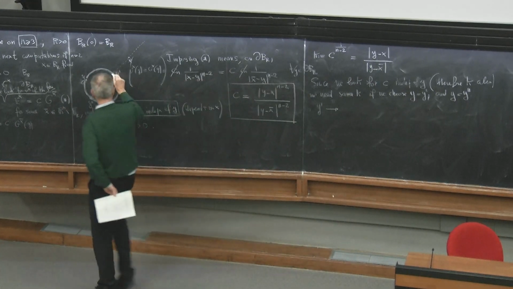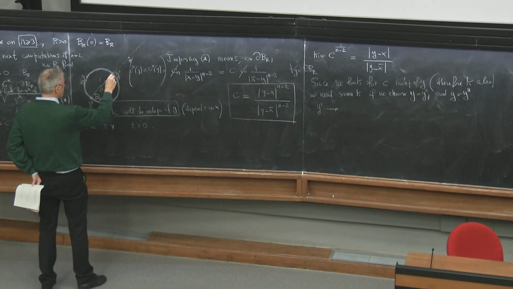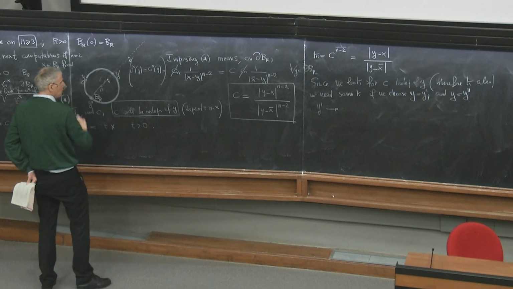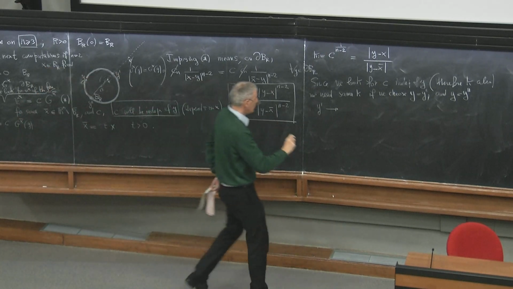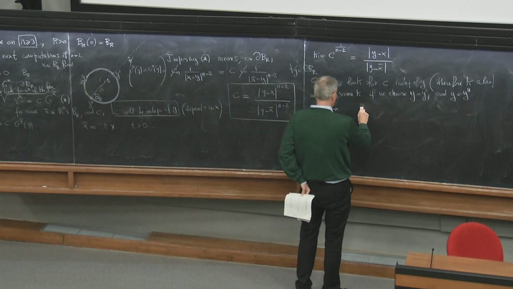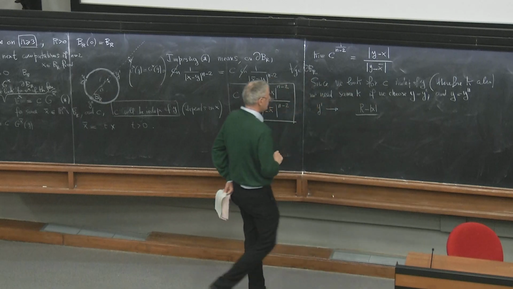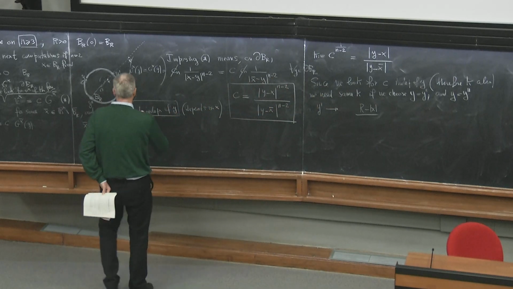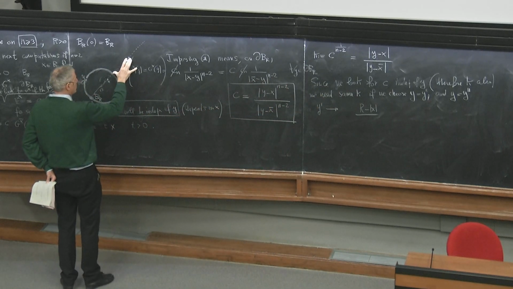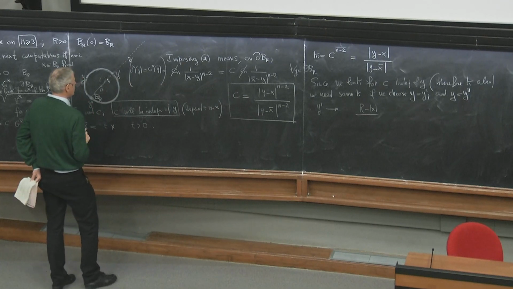So y prime, so this is y minus x. The distance between y minus x is this one, which is r minus the norm of x. The numerator is, we get r minus the norm of x divided by y prime minus x prime.